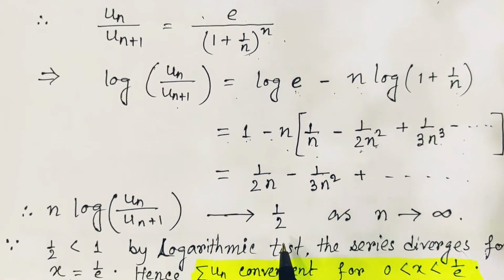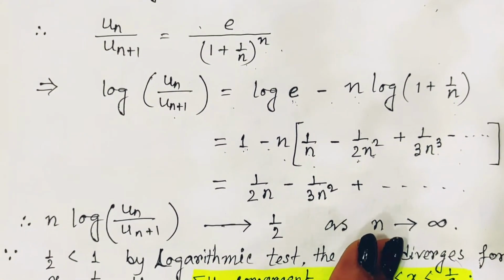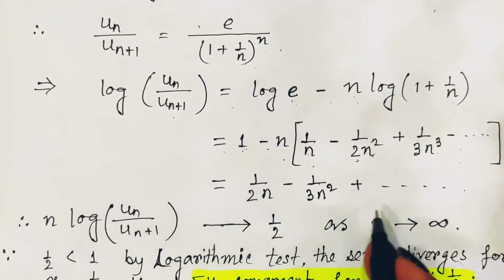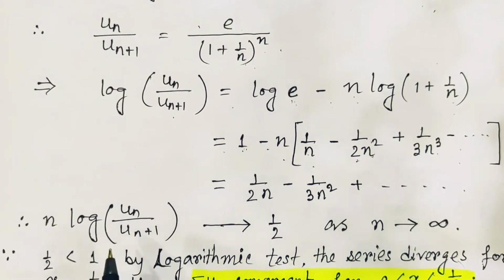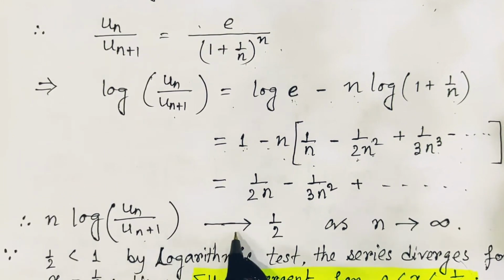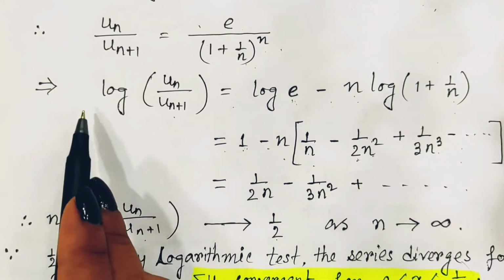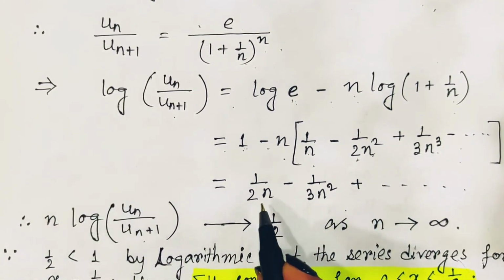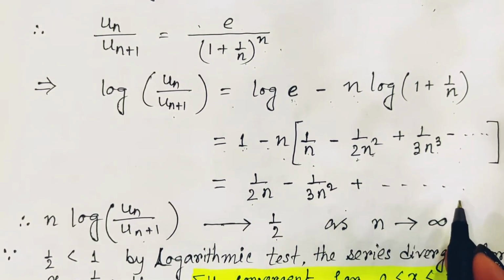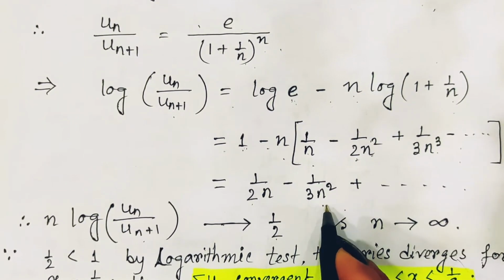So if we take the limit as n tends to infinity, then we will find that n log of un divided by un plus 1 tends to half. We just multiply n on both sides, so that the first term becomes 1 by 2, and whatever the rest of the terms are, they all involve n in the denominator.